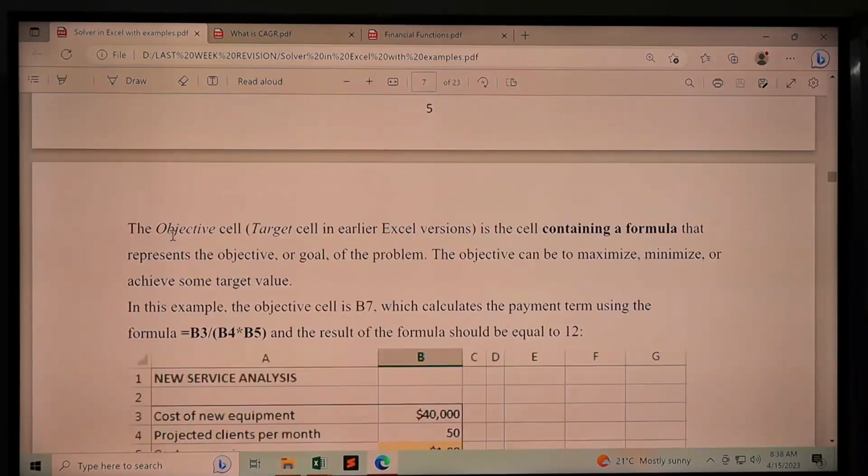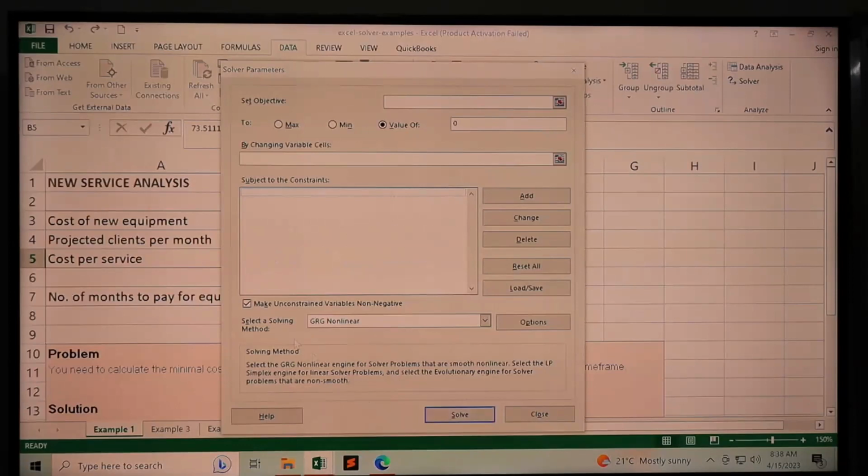When you talk of the objective cell, we are referring to the target cell. That is the cell containing the formula that represents the objective or the goal of the problem. In the worksheet I sent you, there is a cell that has a formula already.